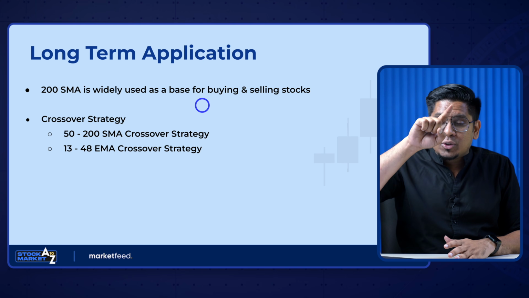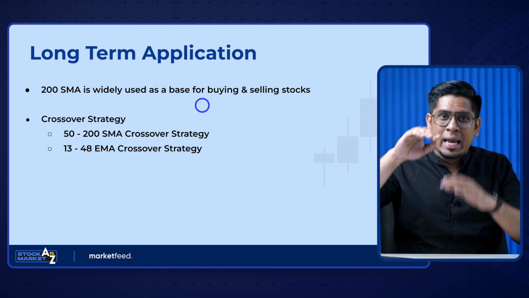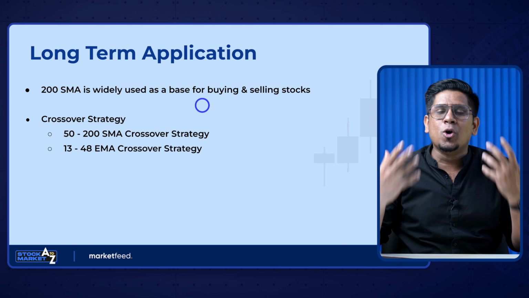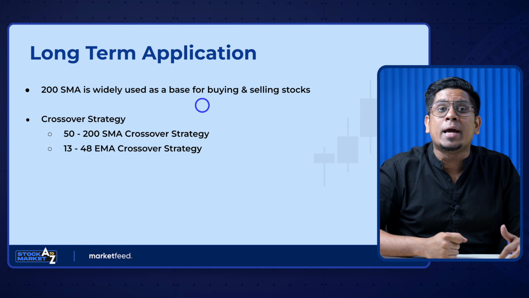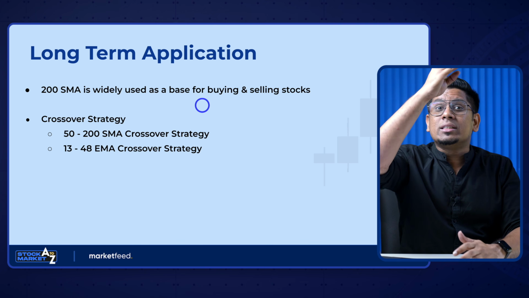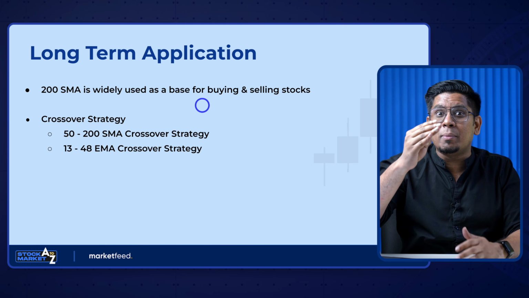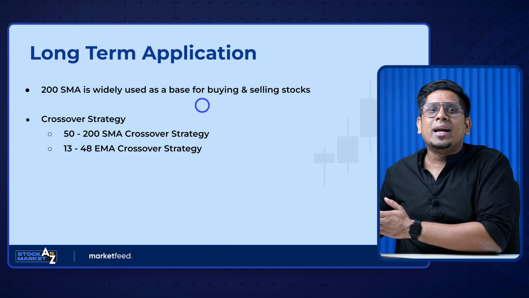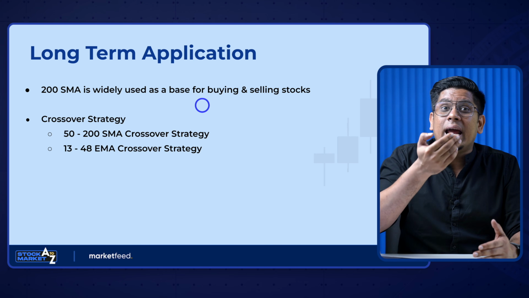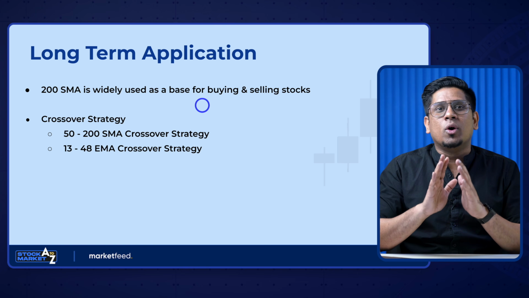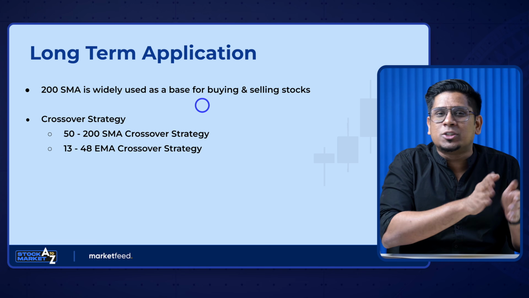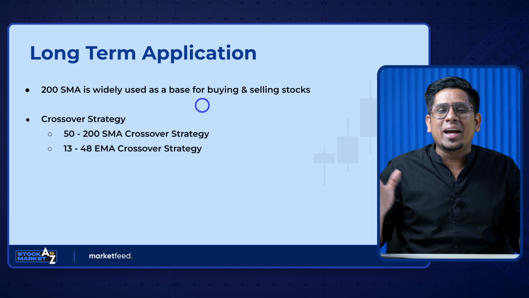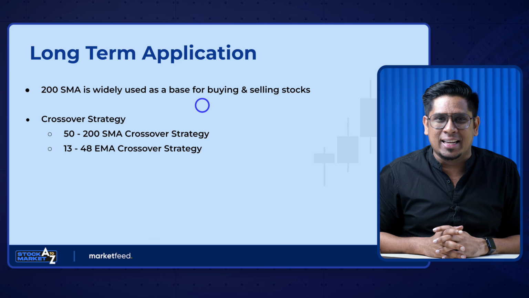And if the stock is coming down to its 200 SMA, taking support there, and if it is moving up from there again, people normally say that it is a perfect, amazing time to buy the stock. But if the stock is coming down to its 200 SMA and breaking that, and if it is moving down from its 200 SMA, it is said that the stock is entering into a bearish territory. So if you are already holding on to the stock, you can probably sell the stock. Even that is very widely, very popularly being discussed in the industry.